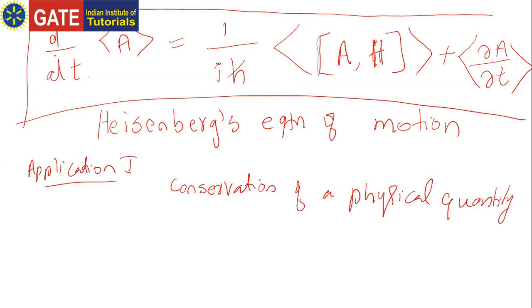Remember the formula d/dt of expectation A. If the commutator [A, H] equals 0, that means A and H commute with each other.